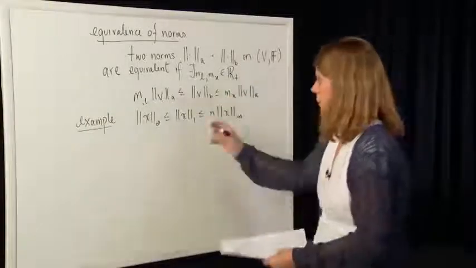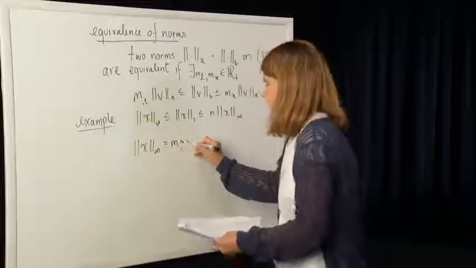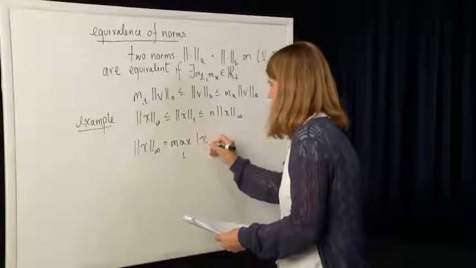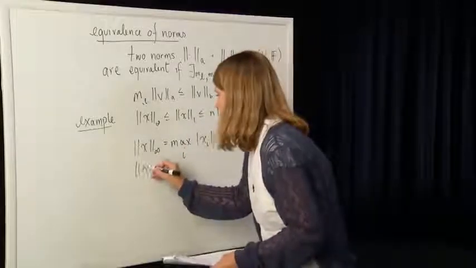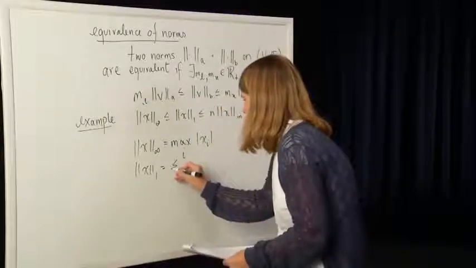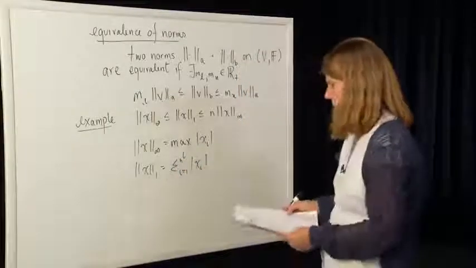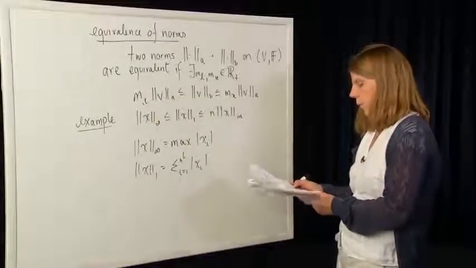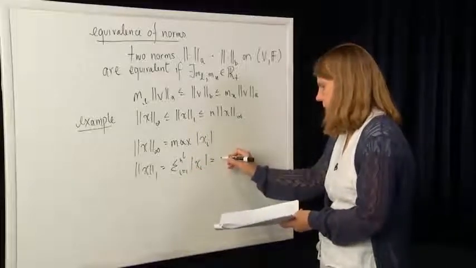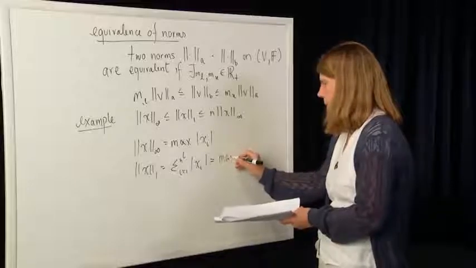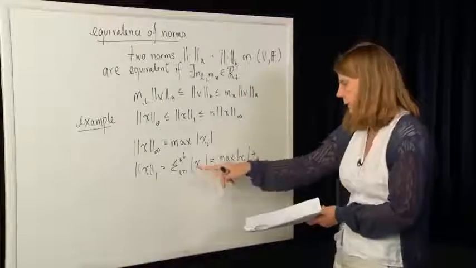you could say, well, okay, the infinity norm of x is the maximum value of the absolute value of the elements of x. And the 1 norm of x is just the summation from i equals 1 to n of |x_i|. Suppose we pull out the maximum value, so that's equal to the max over i of |x_i| plus everything else.